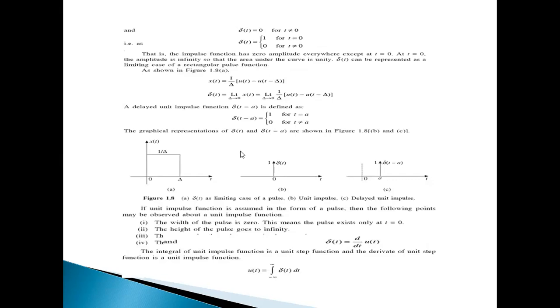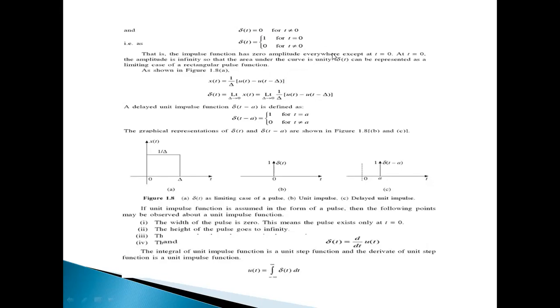Now see that one. Delta of t is equal to 0 for t not equal to 0. Not equal to 0 means n is equal to 1, 2, 3 and so on, and n is equal to minus 1, minus 2, minus 3 and so on. The functional representation: delta of t is equal to 1 for t is equal to 0 and 0 for t not equal to 0.